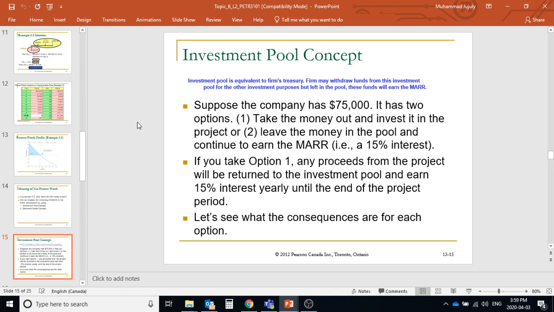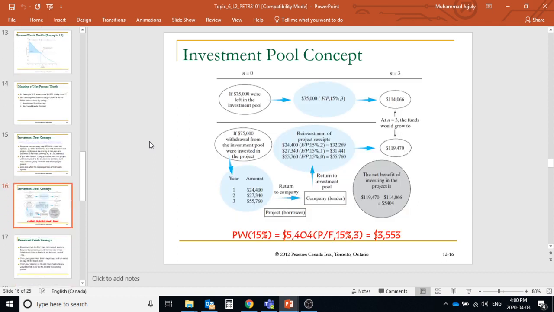Number one, we'll get the money from the investment pool and invest in the project, and whatever return we get from the project will directly return to the investment pool and earn 15% interest rate yearly at the end of the period. Okay, and the other option is we'll leave the money in the pool and will not invest in that project. Okay, so let's see which one is more profitable.